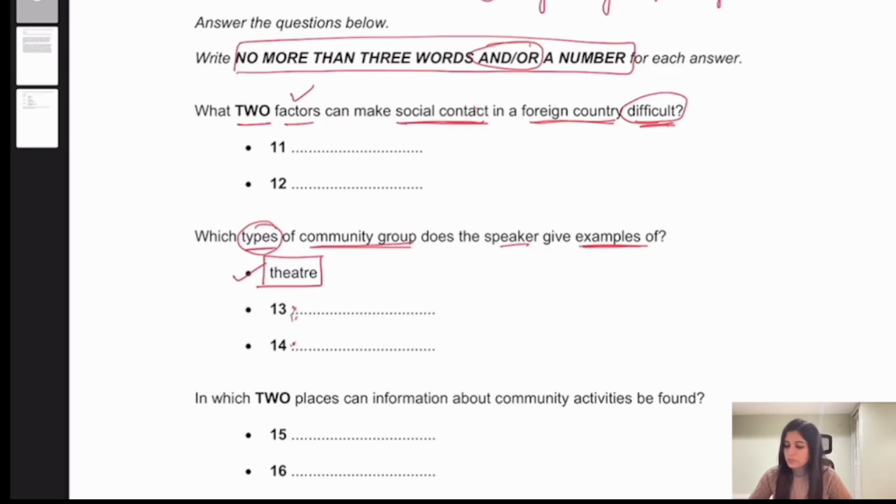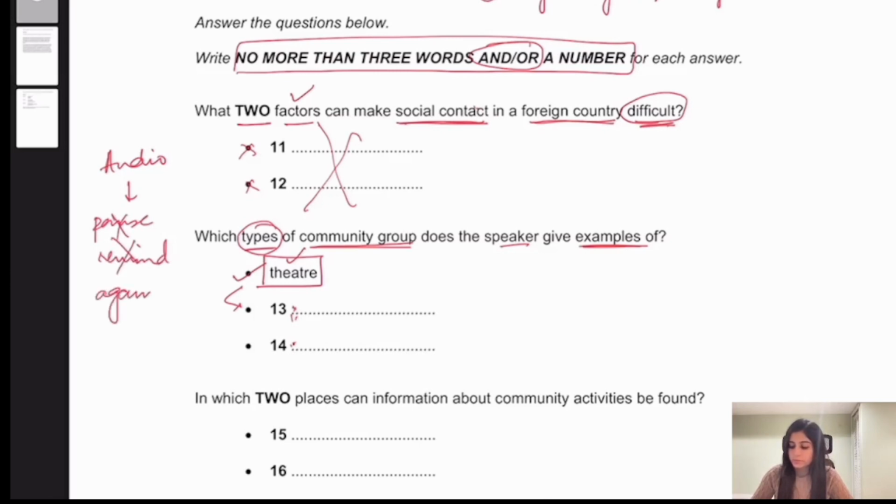Let's say you were not able to find the answer for 11 and 12, which is fine, but as soon as you listen to the word theater, forget about this and quickly come to the 13th question, because what's gone is gone. You cannot play the audio again. Audio is played only once. You cannot pause it, you cannot rewind it, you cannot play it again. So what's gone is gone. You need to focus on the sentence that follows theatre, because that will have the answer to the 13th and 14th.